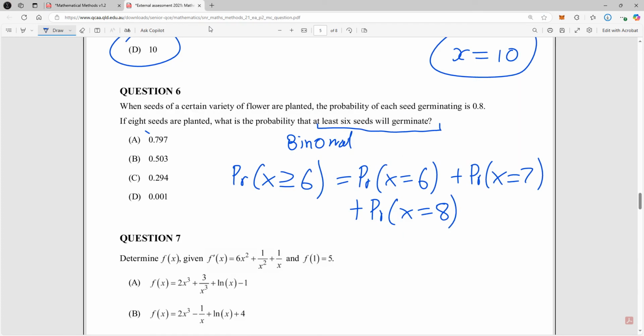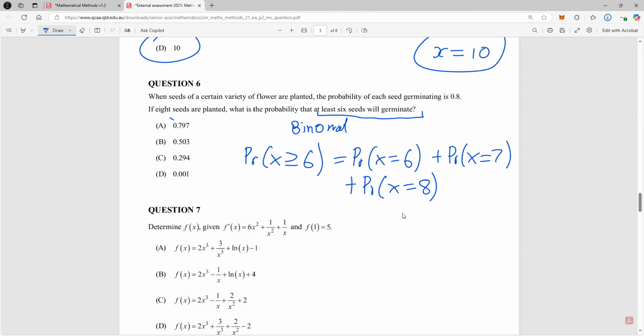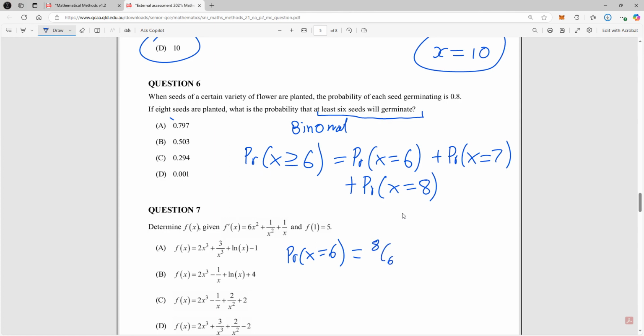If you were to put these into your calculator, let me write down here, the probability that x is equal to 6. That will be 8 choose 6, times 0.8 to the power of 6, times 0.2 to the power of 2.